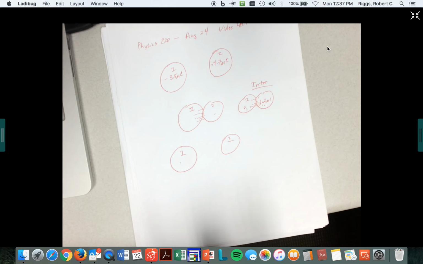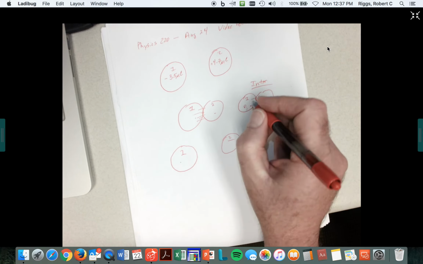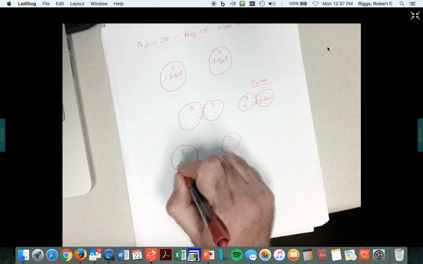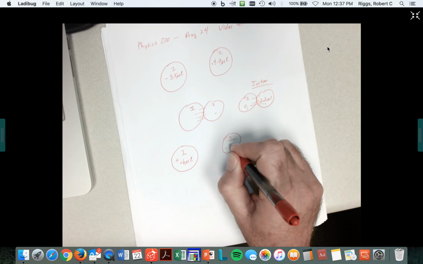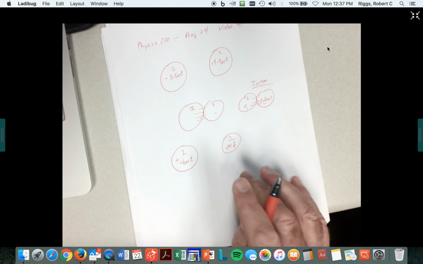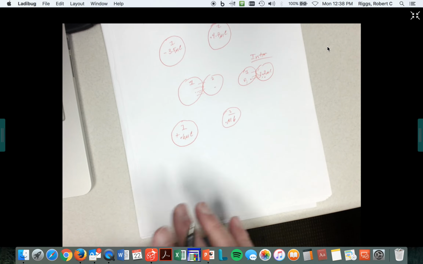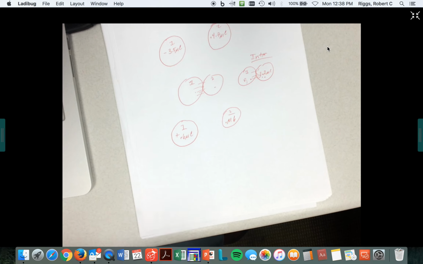Right, this would be 0.6 microcoulombs, and this one would have positive 0.6 microcoulombs. So algebraically, you can figure out these charge problems by taking the total charge, adding it up, and dividing by the number of spheres that we're putting in contact.